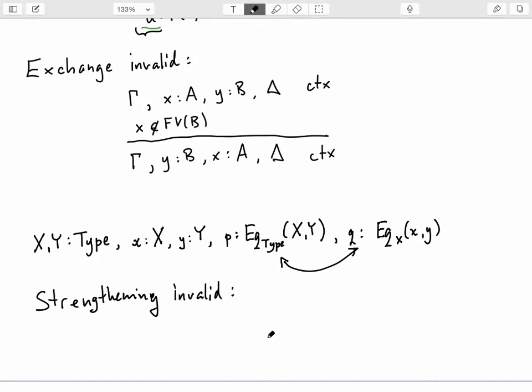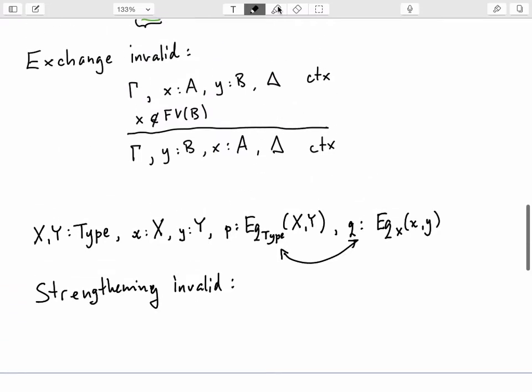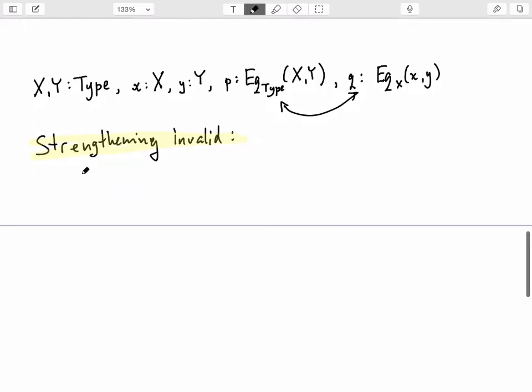Strengthening says the following. So, strengthening is invalid. If you have gamma, x of type A, delta, and then you show that b has type B. And in fact, x is not used, which means x is not a free variable in delta, and it's not a free variable in the b's.